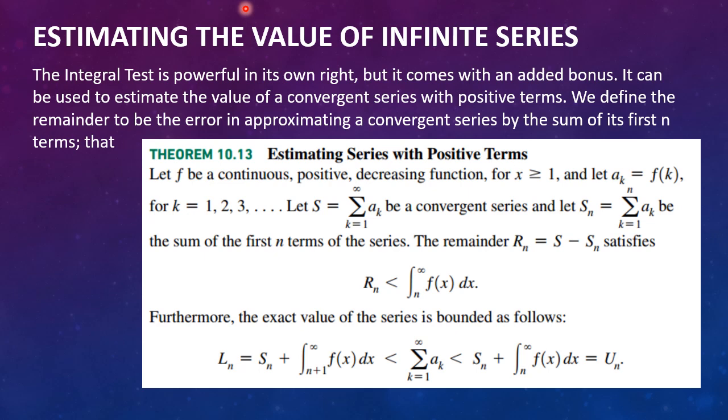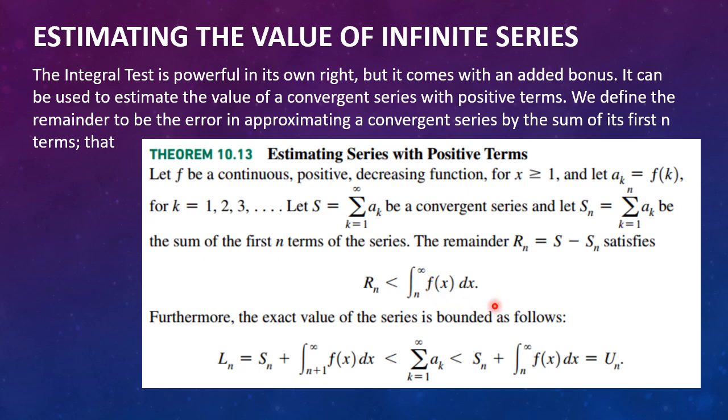The remainder, R sub n, which equals S, the sum of the convergent series, minus S sub n, the sum of the first n terms, satisfies this relationship. The remainder, R sub n, is less than the integral from n to infinity of f of x dx.